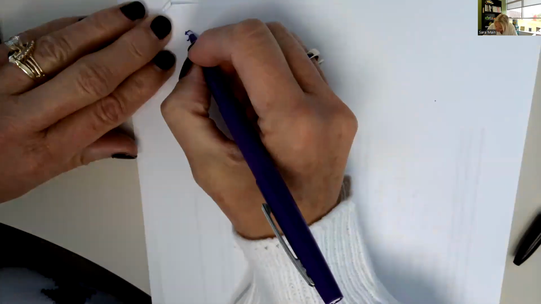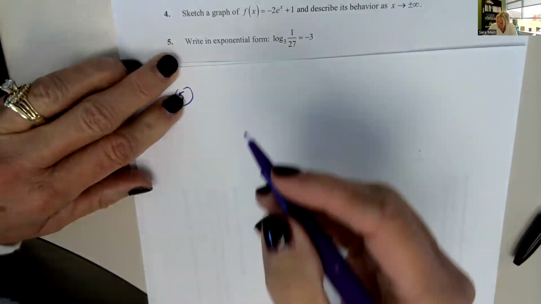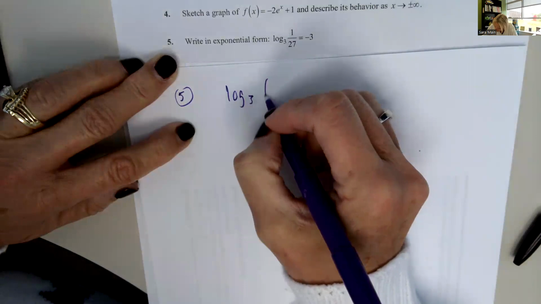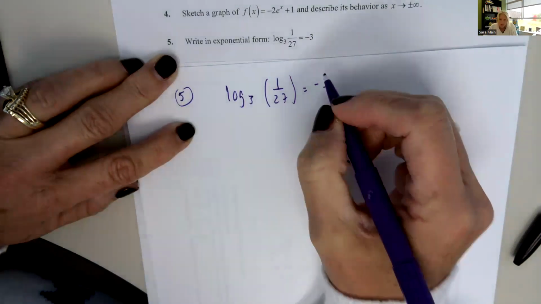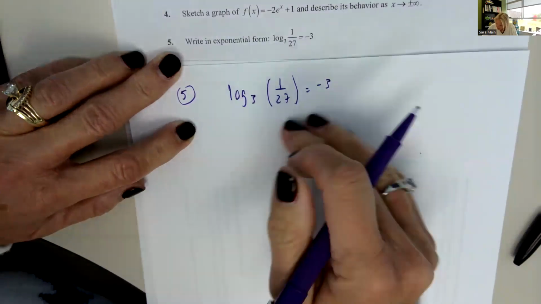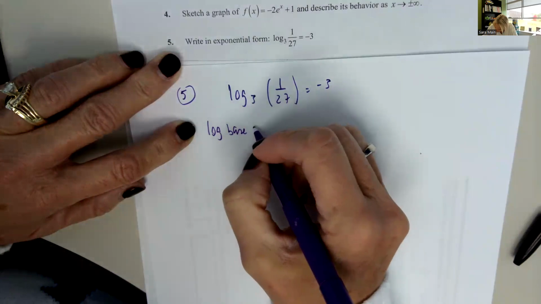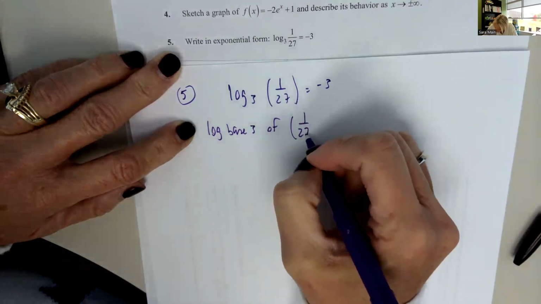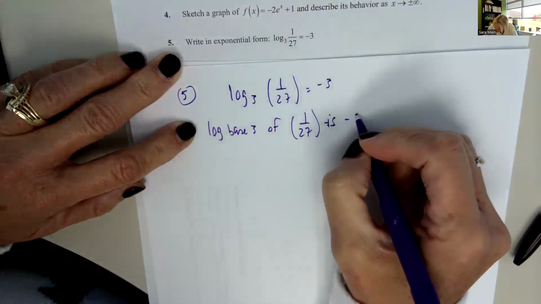Number 5 is asking us to write this in exponential form. So remember, when we read this line right here, it says log base 3 of 1 over 27 is a negative 3.